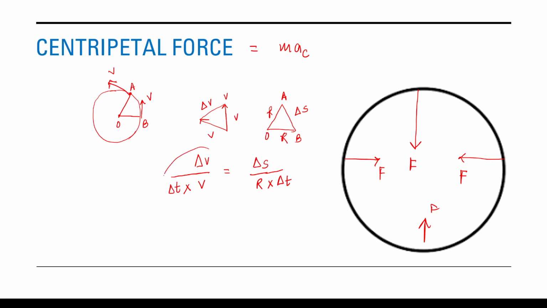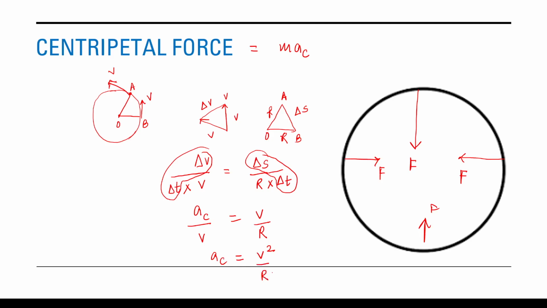Change in velocity over time is nothing but acceleration, so centripetal acceleration divided by v. And change in displacement over time is nothing but linear velocity over r. Taking this v to the other side, my centripetal acceleration is v squared over r.